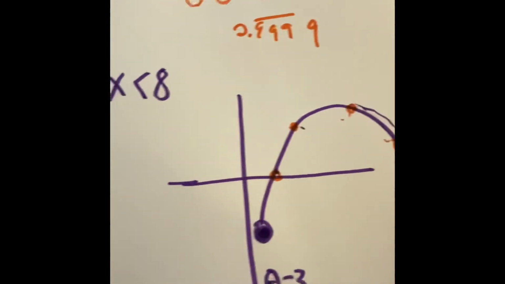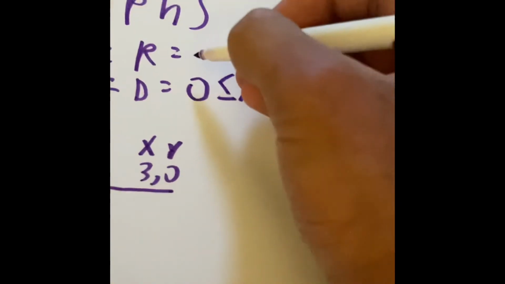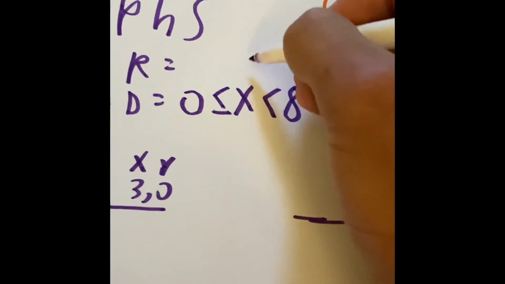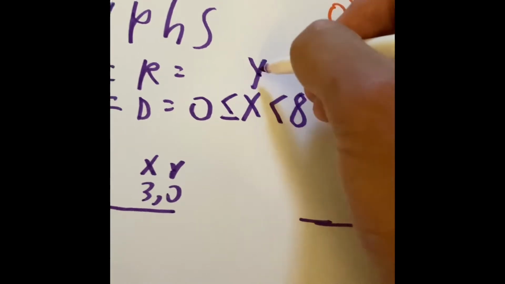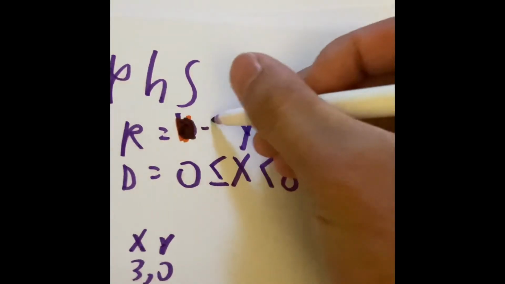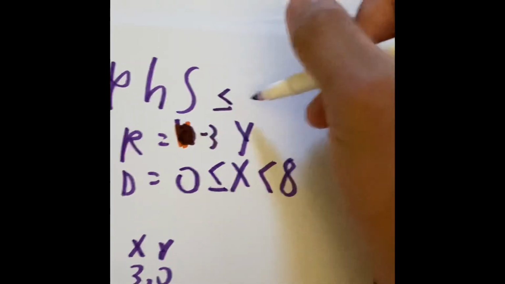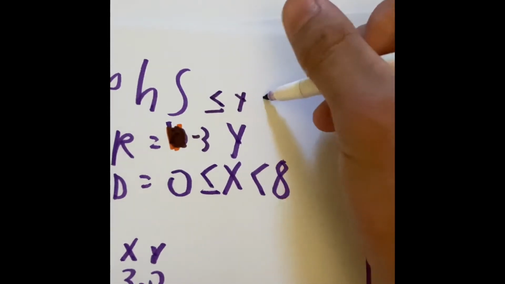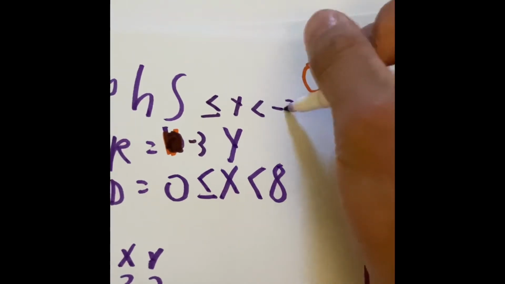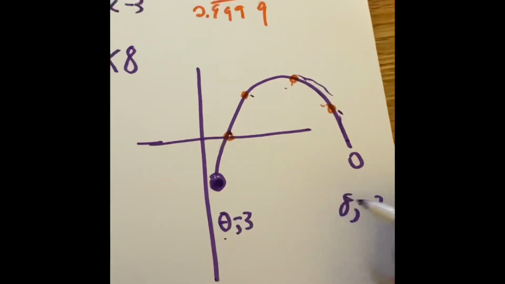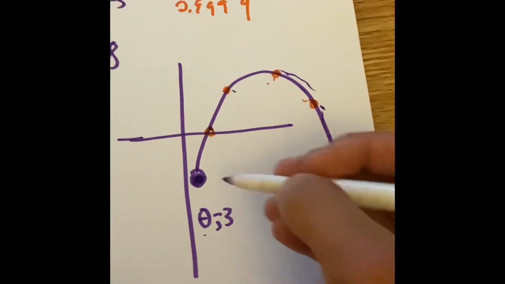Same thing for finding the range, but instead of x, we use y for the range. -3 is going to be greater, actually less than or equal to y, but it's also going to be less than -3. That's what we can use to find the range for this.